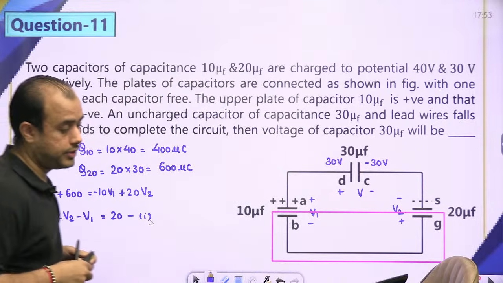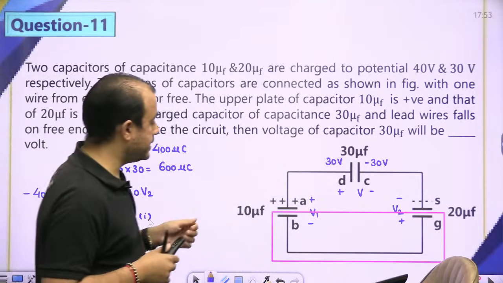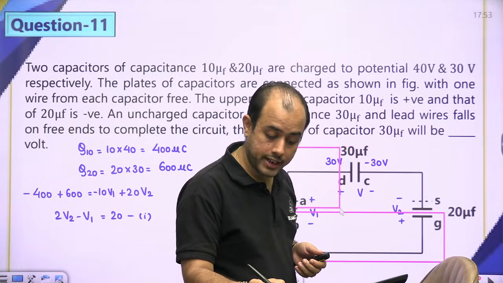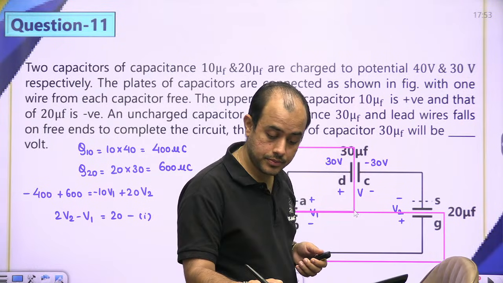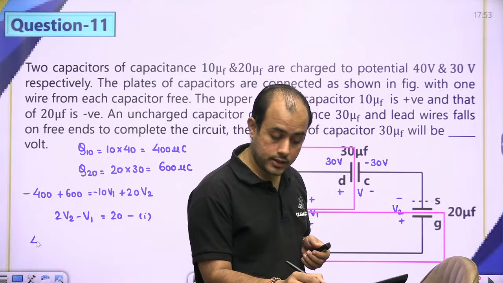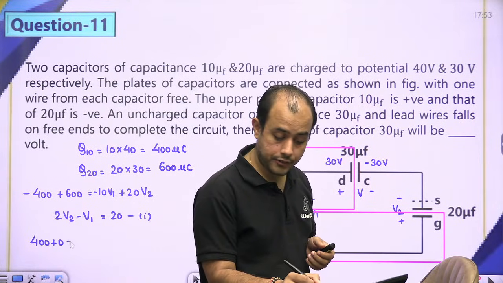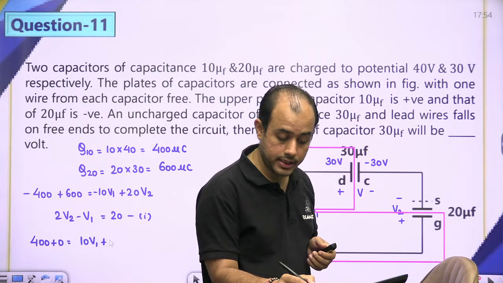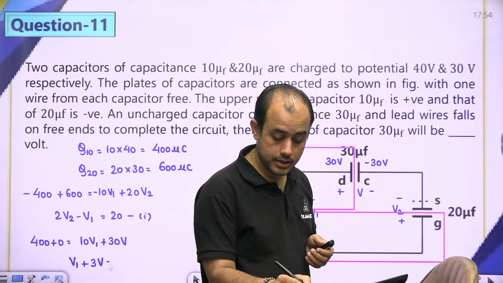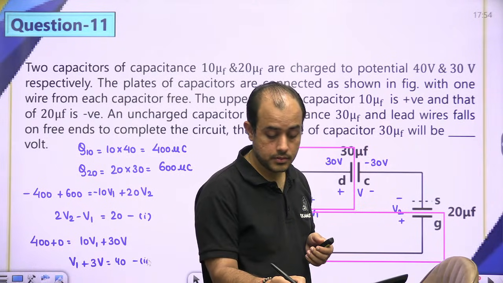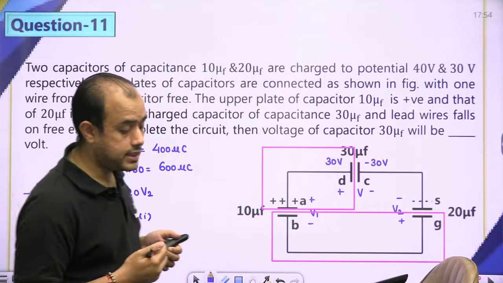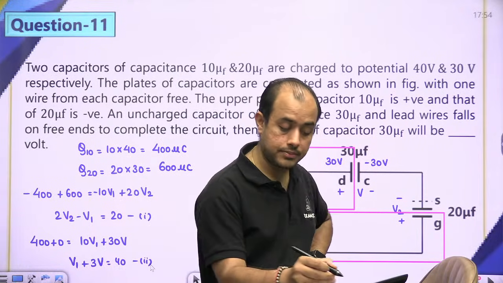First equation. Then what can we say? This 30 microfarad was uncharged. The initial charge was 400 plus 0. The final is 10V1 plus 30V. So V1 plus 3V is 40. Now I just need V. Then you can apply one KVL also, beta.